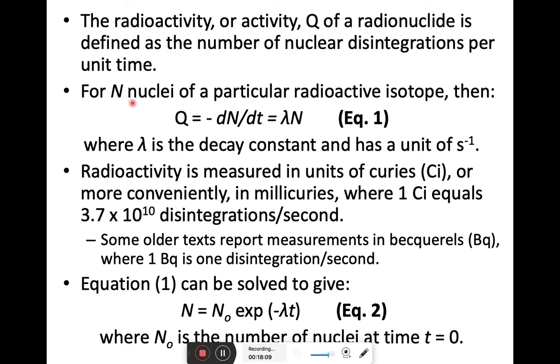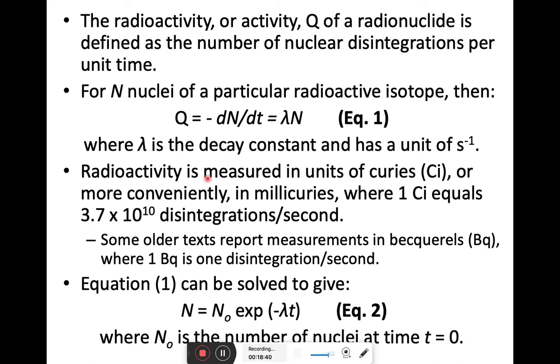So for N nuclei of a particular radioactive isotope, the equation that you need to use is Q equals negative dN over dt, and it is equal to lambda times N. Lambda here is the decay constant and has the unit of per second.